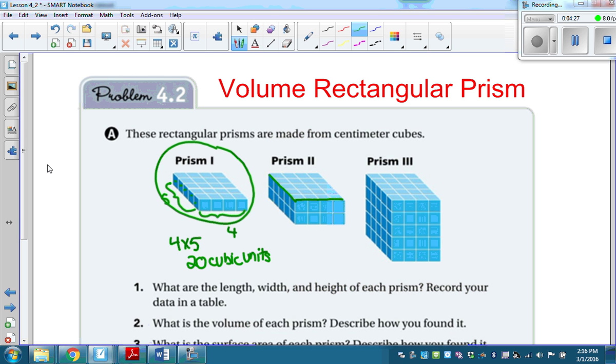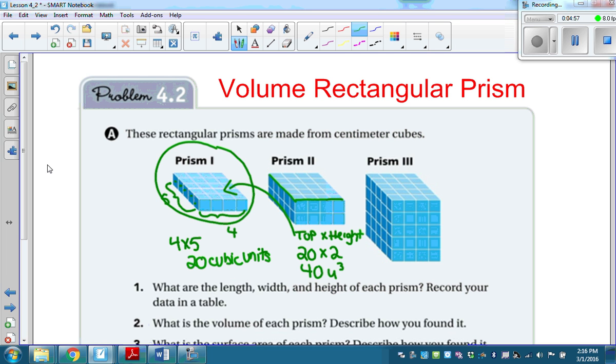So I know the top times the height is a short way for me to figure the volume out, because I figured out the top is the same as this. So I already know the top is 20 cubic units, but it's 2 rows high. So what's the volume of Prism 2? Yeah. 40. It's 40. That's right. 40 cubic units.